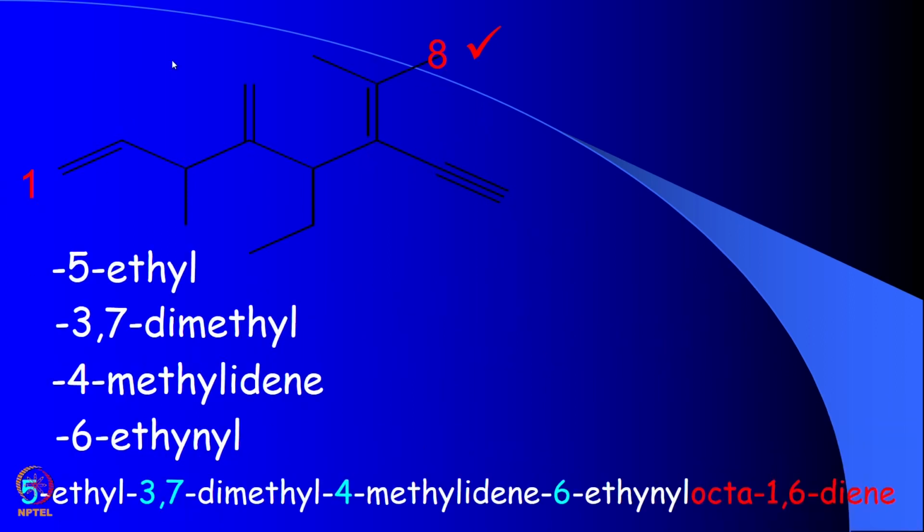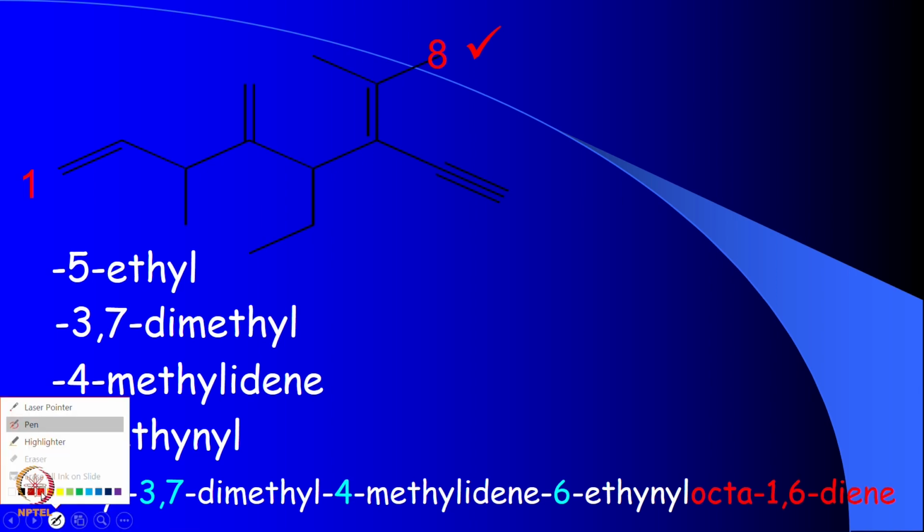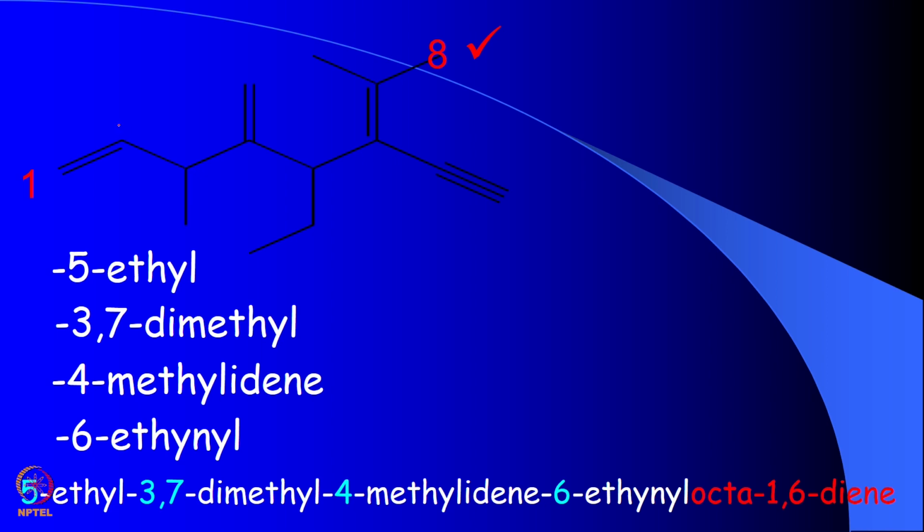So, now let us try to understand what the name of this compound should be. In the previous slide, we have clarified how the numbering of the longest chain should be done. So, here what I have shown is the numbering of the carbon atoms starting from the left corner to the right corner with 1, 2, 3, 4, 5, 6, 7 and 8.